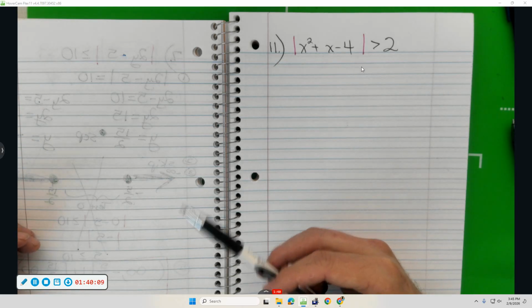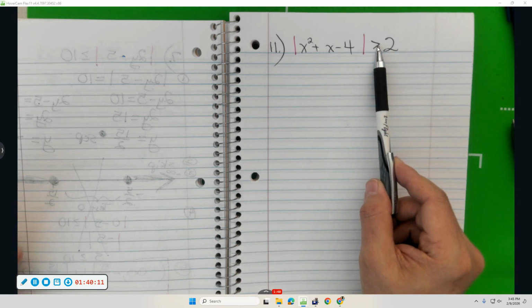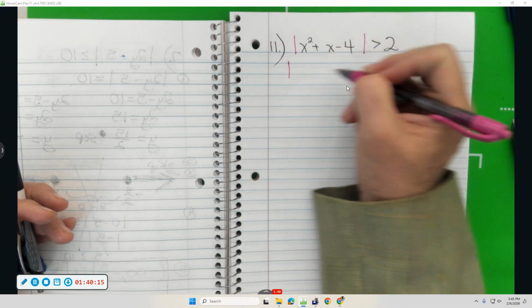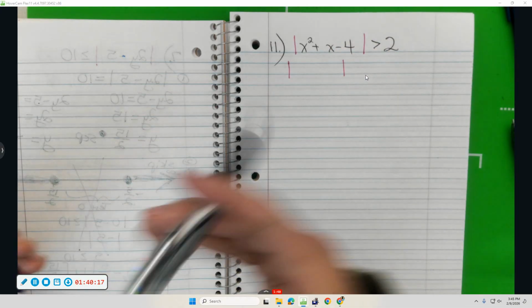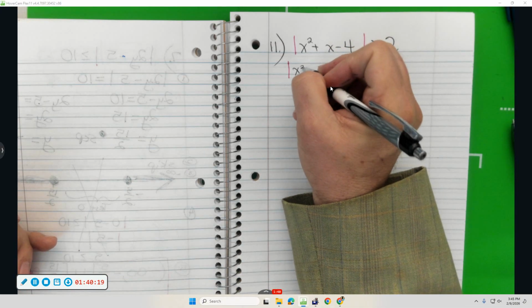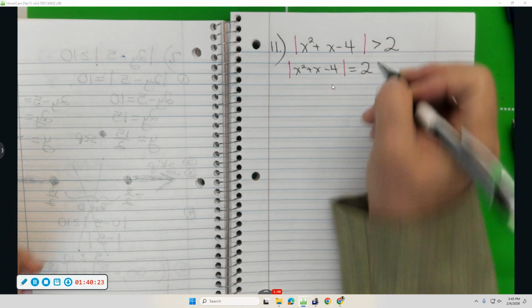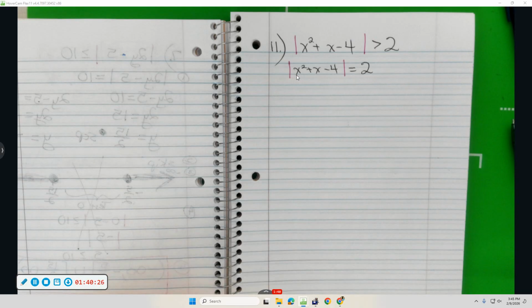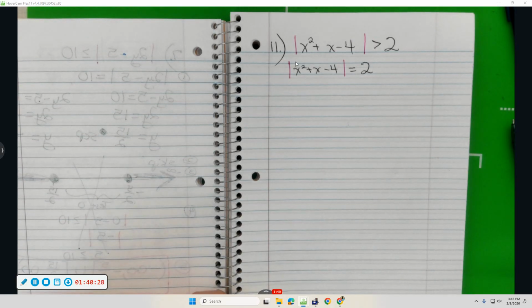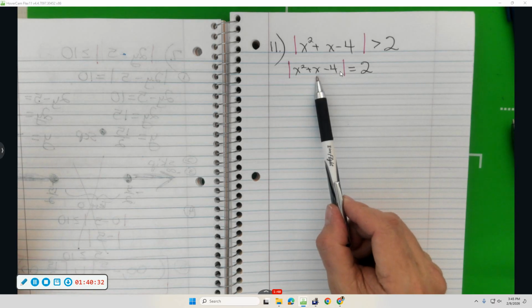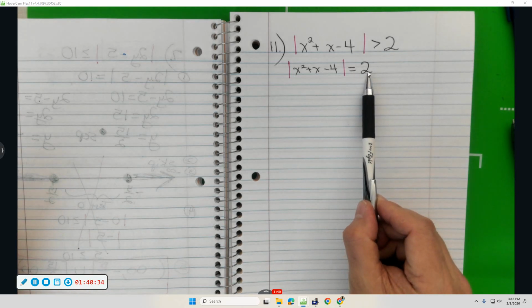The first step, we replace the greater than with an equal to. And we have an absolute value equaling a positive number.